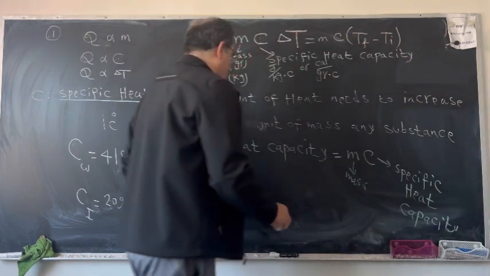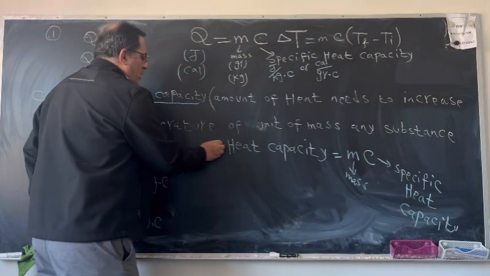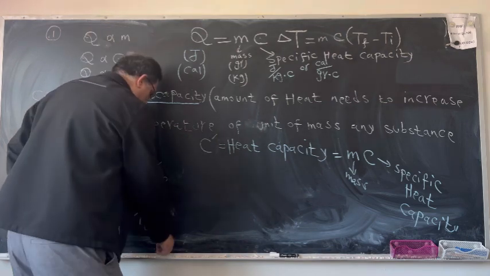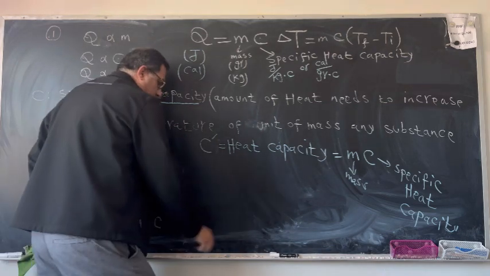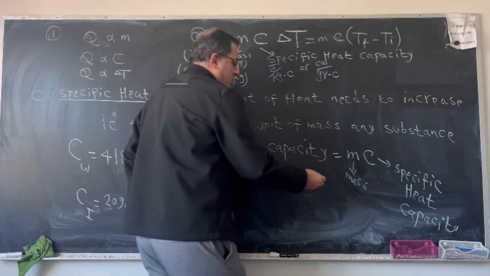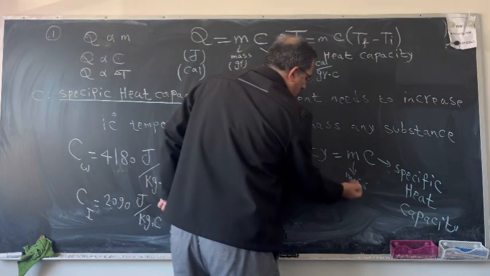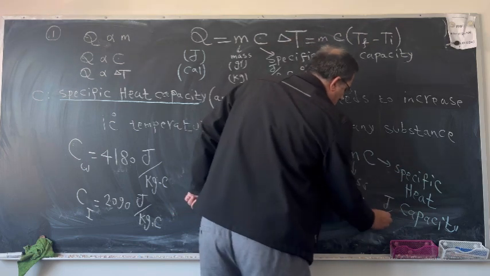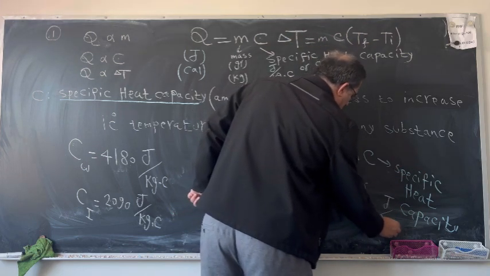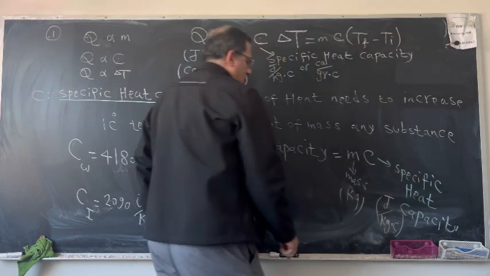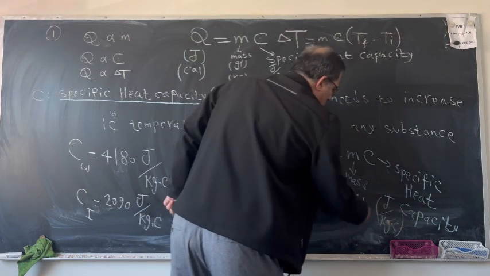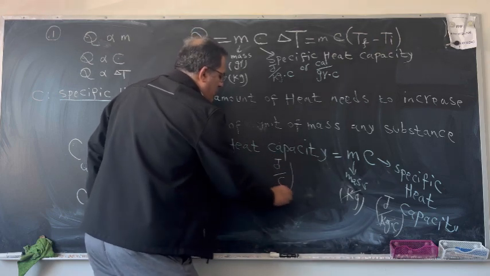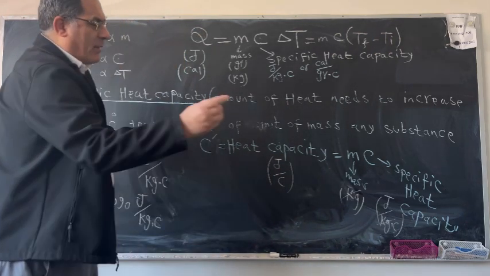For example, call it C prime. Here, the unit of mass is kilograms, and the unit of specific heat capacity is joules per kilogram times centigrade. So the kilogram cancels, and the unit of this one should be joule per centigrade.